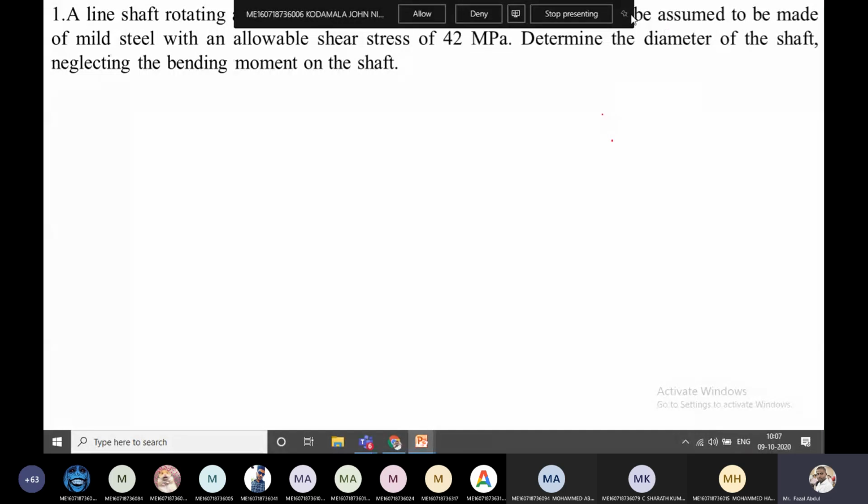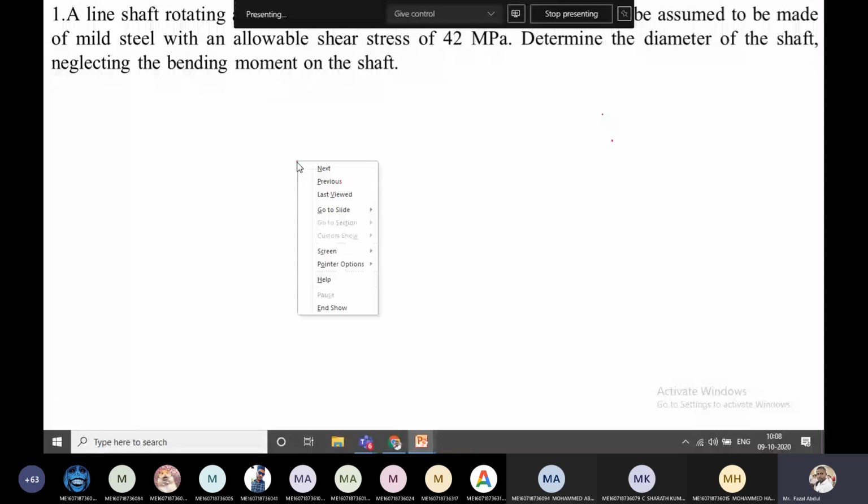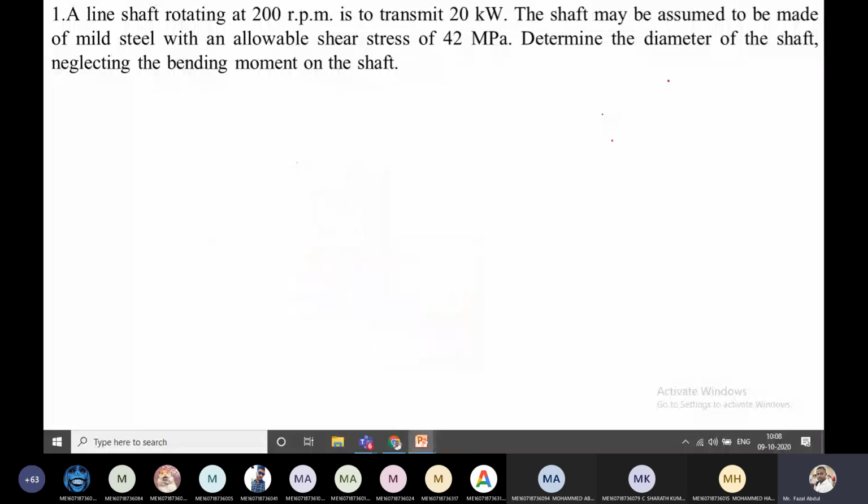So here remember, concentrate on the type of material used here. Here the question mentions the shear stress as 42 megapascal, so there is no need to make an assumption, because the shear stress is given in the problem.